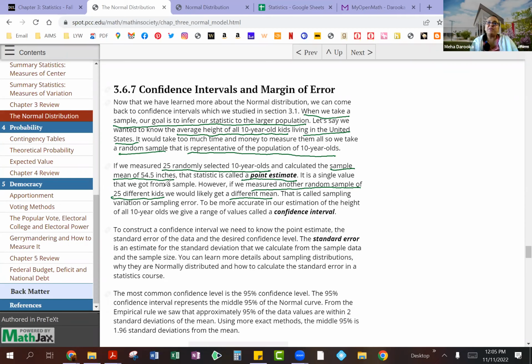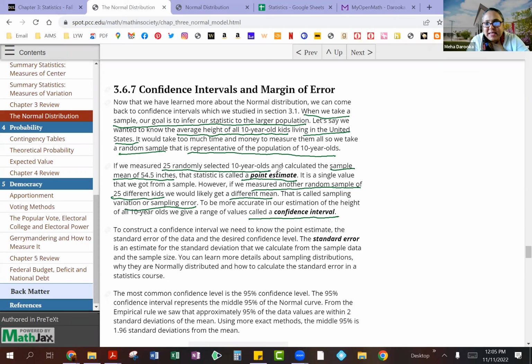Based on that, we then create our confidence interval, because then we can say we are 95% confident that 10-year-olds in America are going to fall between this range of height, whatever that range comes out to be. So that's where the idea of the confidence interval comes in, so that we can make space for some of that sampling error that happens as you keep changing your sample.